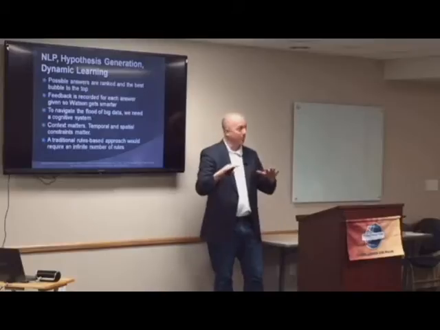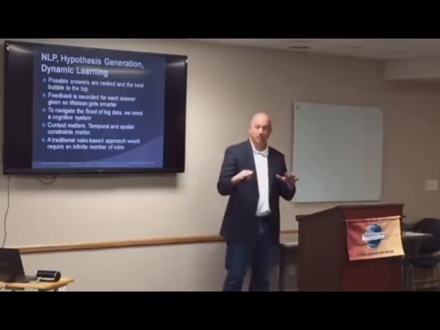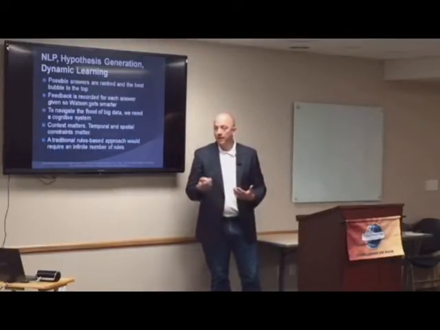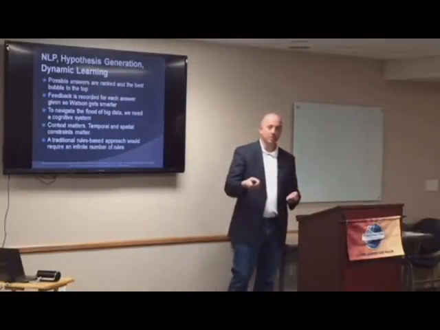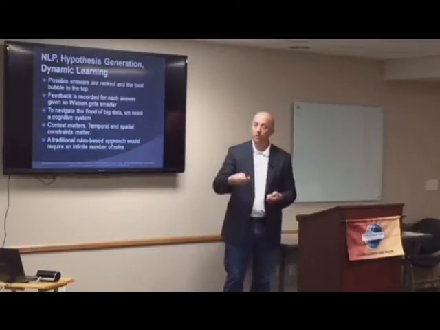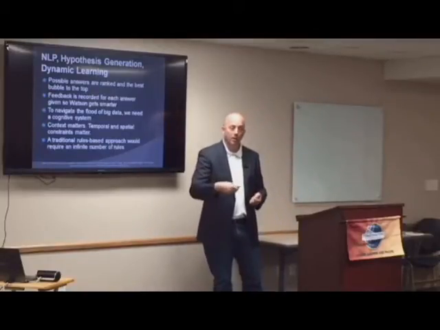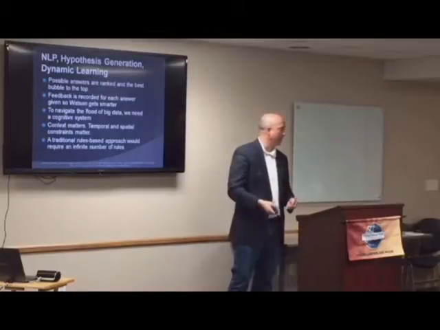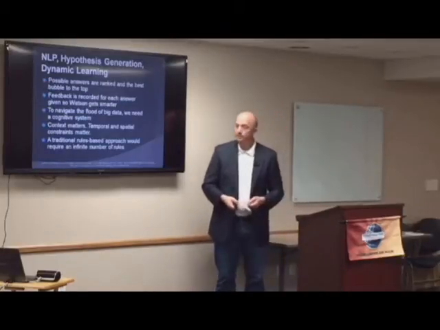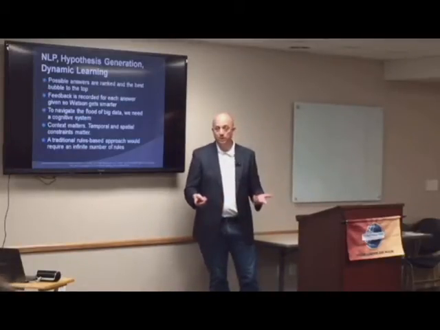It may not necessarily be the right answer, but it's the best answer that it knows about. And then feedback is recorded from each user as Watson is being used, as to whether or not this is the right answer, so that it can learn. It can know that later on, I'm not going to give you the same answer for the same question. There might be a different answer that would be better. So in effect, Watson ends up getting smarter.